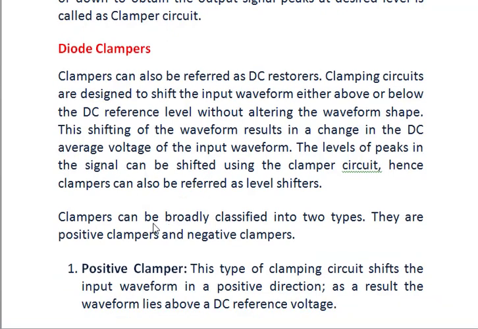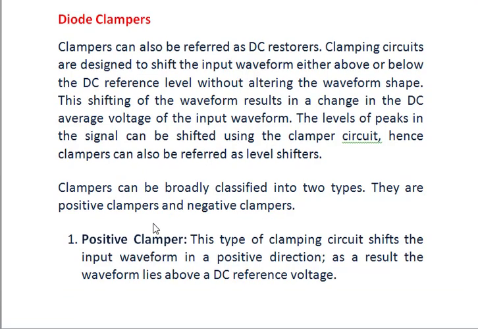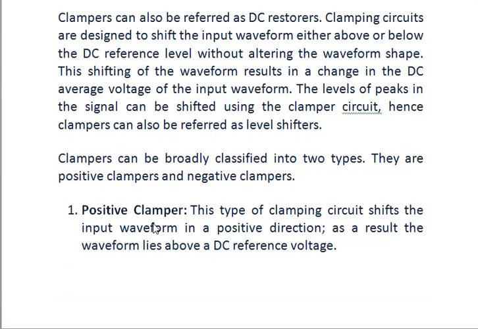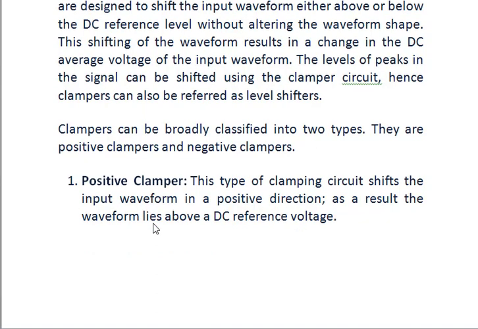The clamper circuits are classified into two types. One is the positive clamper and the other is the negative clamper. What is a positive clamper? This circuit shifts the input waveform, that is the input voltage, in the positive direction. That is, it adds a positive DC voltage.